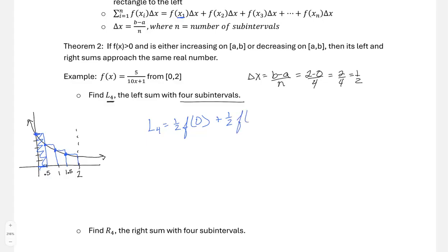It's going to be 1/2 f of the left endpoint. The left endpoint is at 1/2, 0.5, plus, so that's that one. The height is 1/2. That left endpoint is at 1, which takes care of that third one, plus 1/2. And that left endpoint is at 1.5.